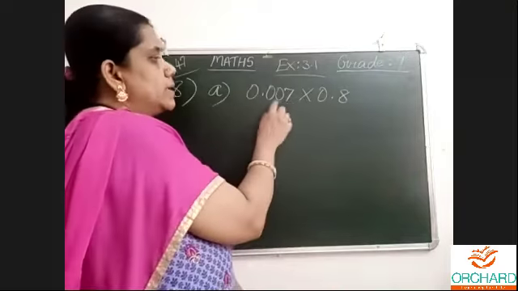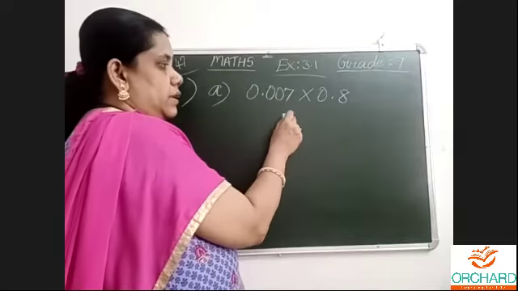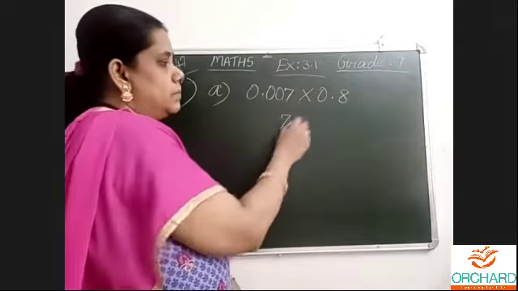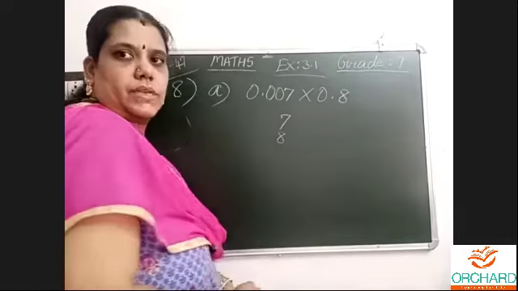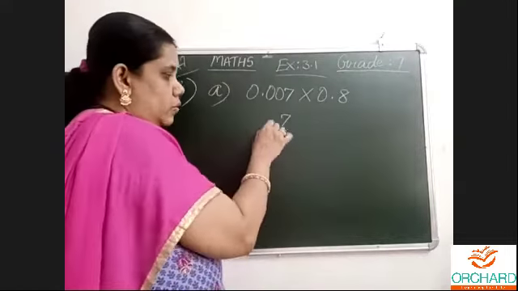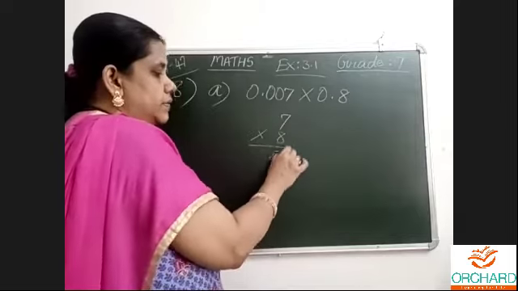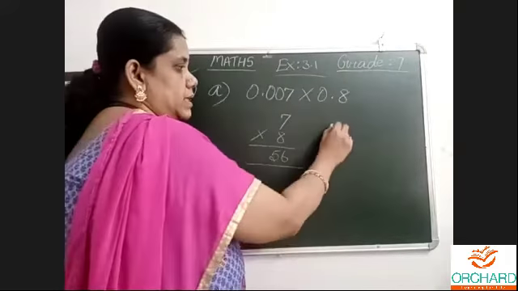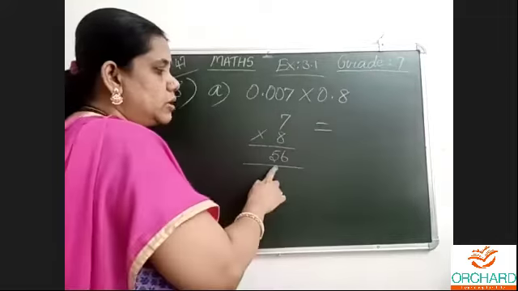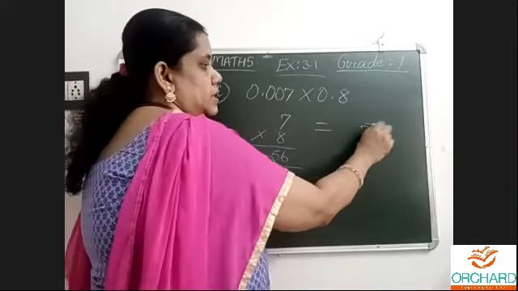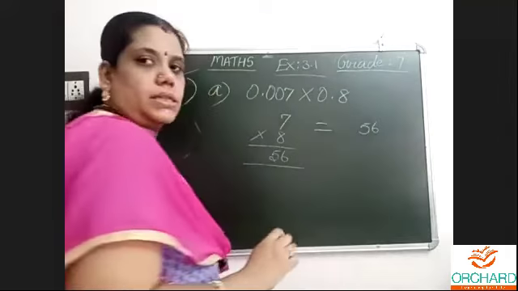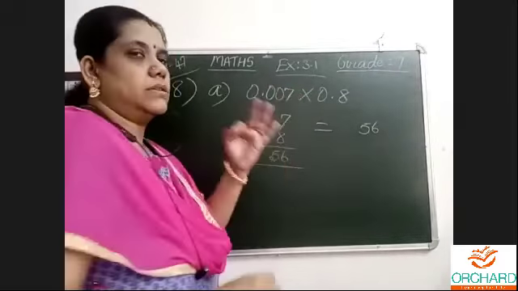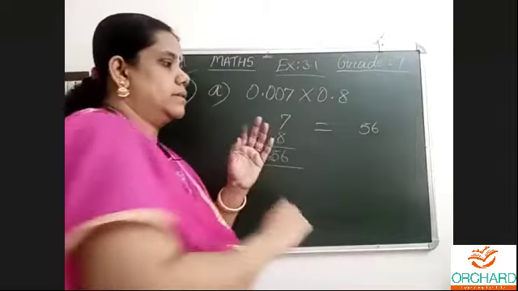Number alone to take. What is the number? 7, then 0, 0, 0 later. What is the number here? 8. First, numbers alone. 8 sevens are 56. Now, after multiplication what to write? 56 first write. Okay, this is not the answer. What is the answer? 1, 2, 3. 3 numbers and 1 number.